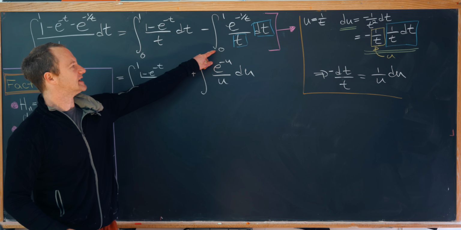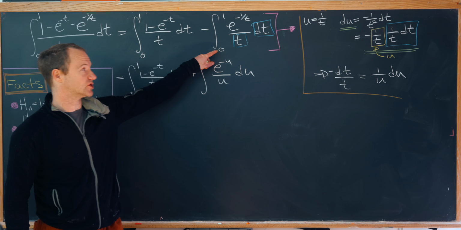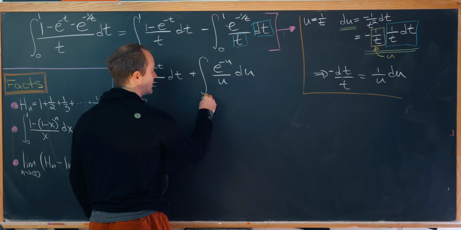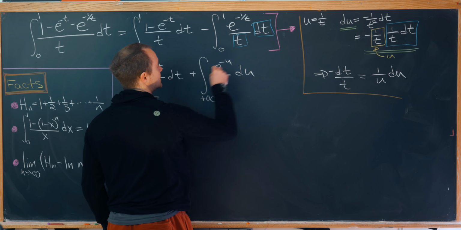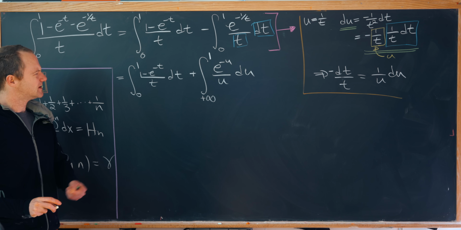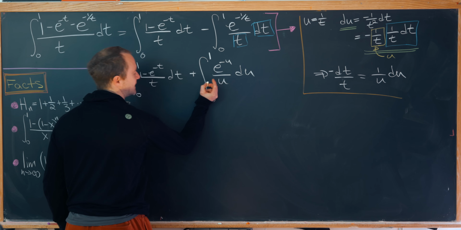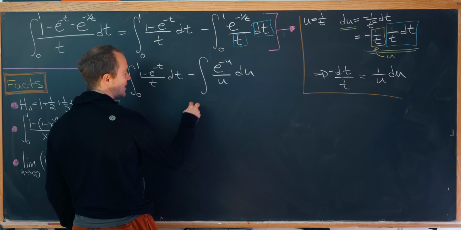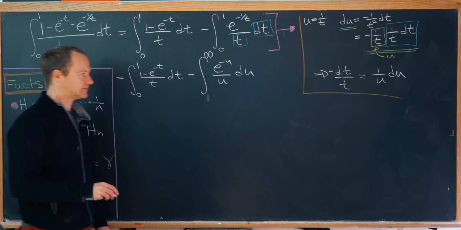Well, let's notice as t goes to 0 from above, which is happening in this lower bound of integration, we will see that u goes to positive infinity. So I'll put a plus infinity down here. Then if t is equal to 1, u will also be equal to 1. But that's a little bit out of order. It would rather go from 1 to infinity, so let's swap the bounds of integration and change that sign. So now this goes from 1 to infinity.